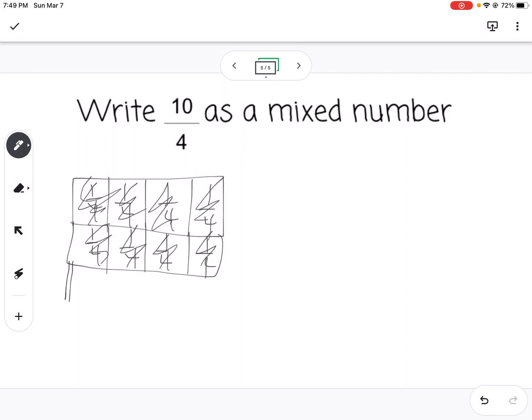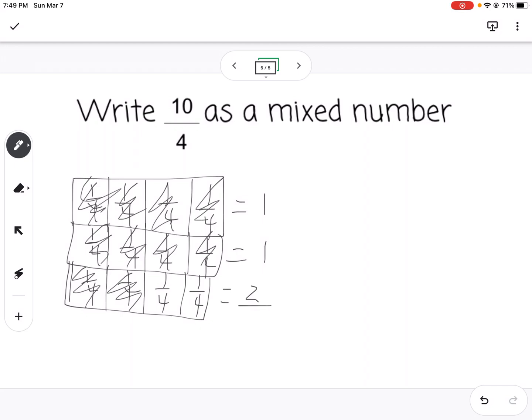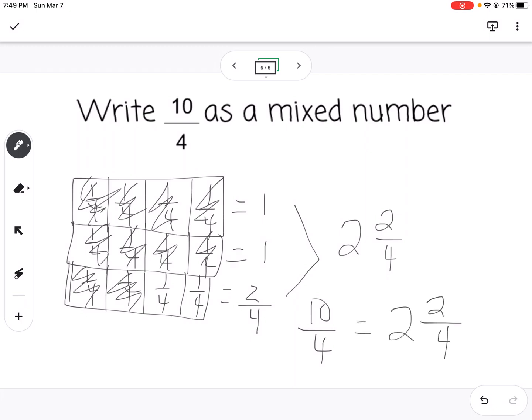Let's make a third whole, but we're not going to use all of this. We're only going to need, so here's 8, 9, 10. So one whole, and here's 2 fourths. So adding these up, I have 2 wholes and 2 fourths. So 10 fourths is the same as 2 and 2 fourths.